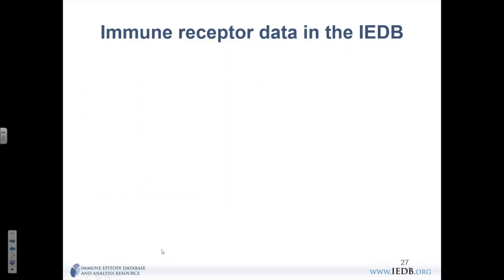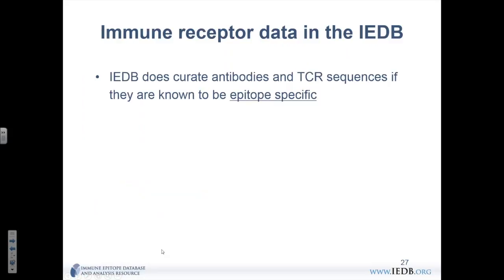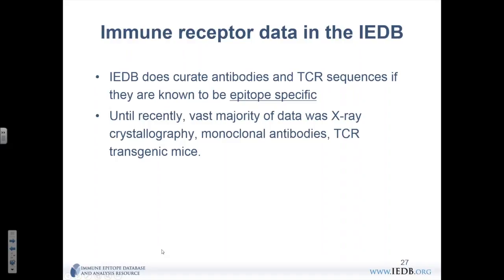So now specifically for the immune receptor data in the IEDB, currently we do curate antibodies and TCR sequences if they are known to be epitope specific, because we are tying everything to an epitope, otherwise it's not in there. So until recently, the vast majority of data that we have where a receptor is known is X-ray crystallography, because obviously there you do know the sequence of the antibody, say, that you crystallize, or monoclonal antibodies, or TCR transgenic mice.